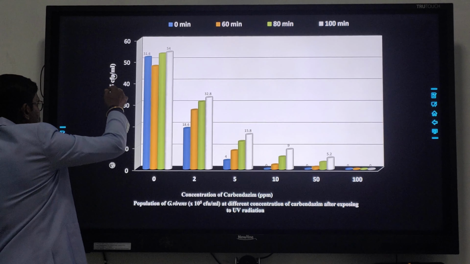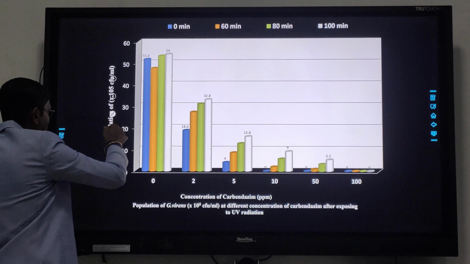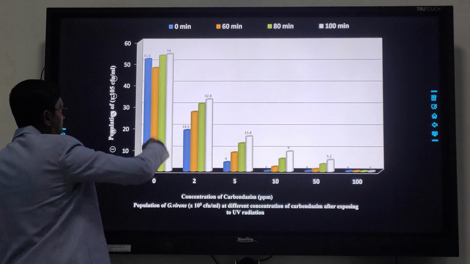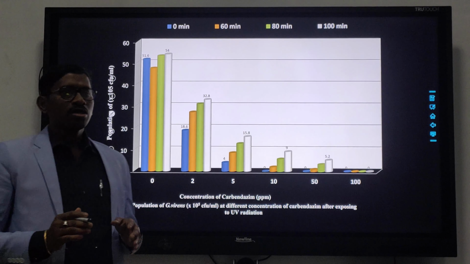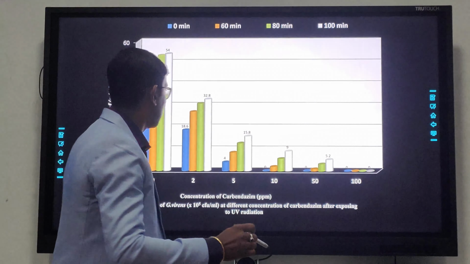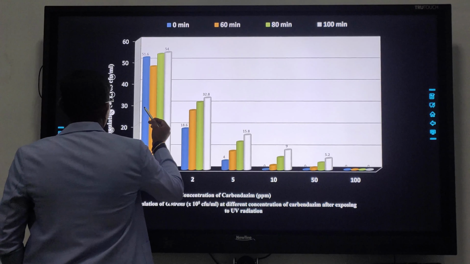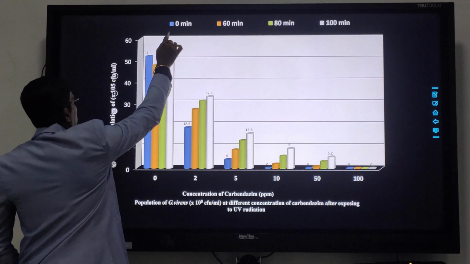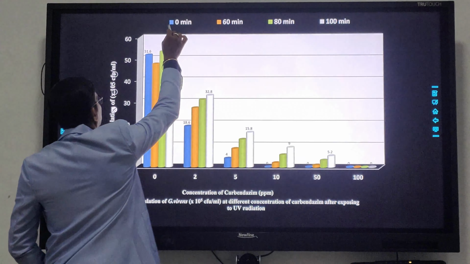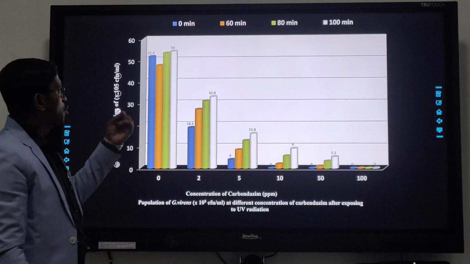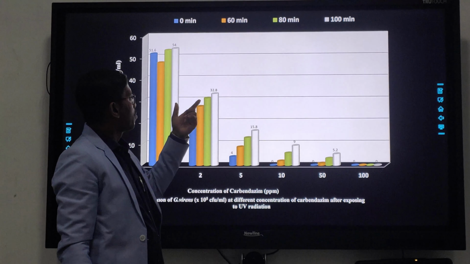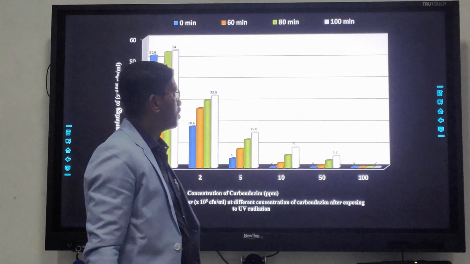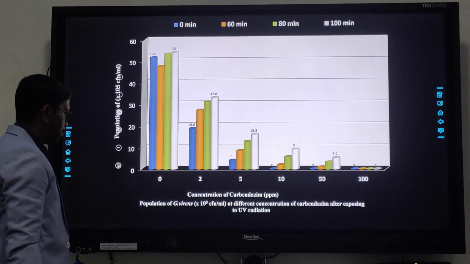Here they have included the legends of the y-axis as well as x-axis. The meaning of each bar, which has been marked with different contrasting colors like blue, orange, green, white, has been explained very nicely. Blue bar means 0 minute, orange bar means 60 minutes, green bar means 80 minutes, and white bar means 100 minutes.